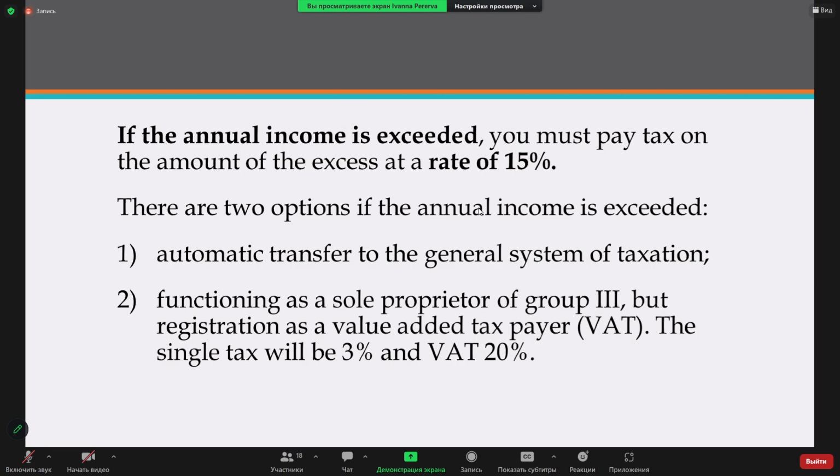It means that you must pay tax on the amount of the excess at the rate of 15%, and there could be two options. It's an automatic transfer to the general system of taxation, or functioning as an individual entrepreneur of the third group, but you have to be registered as a value-added tax payer, and your single tax will be 3% and VAT 20%.